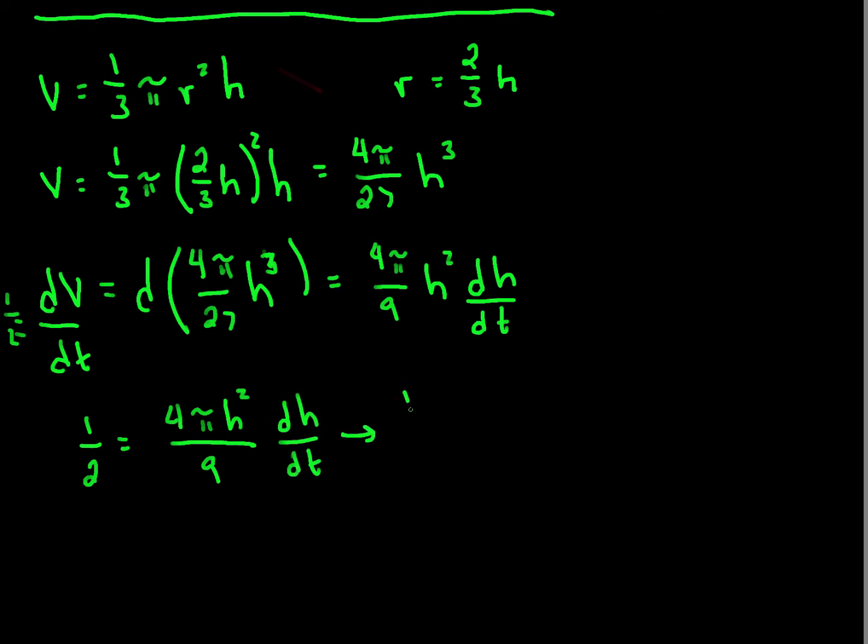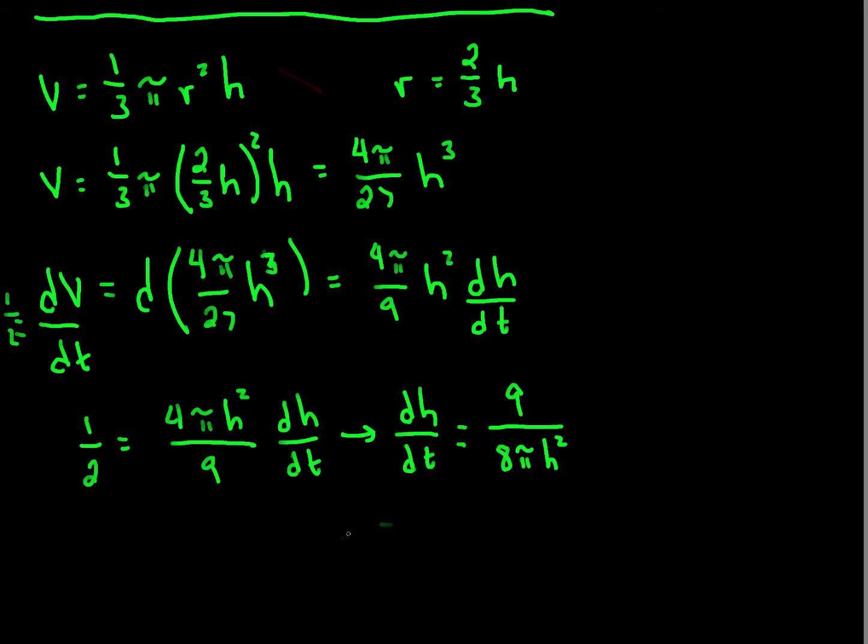Which tells me that dh/dt is equal to 9 all over 8 pi h squared.